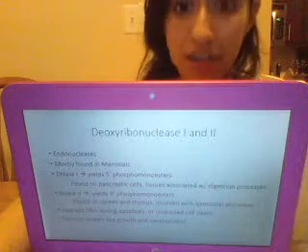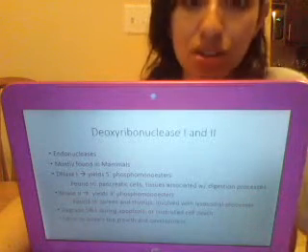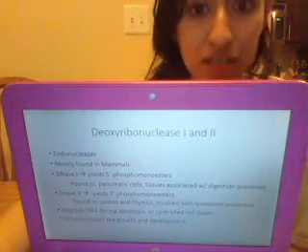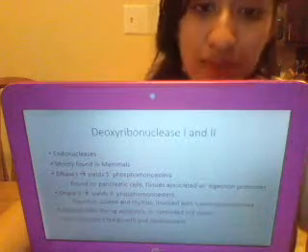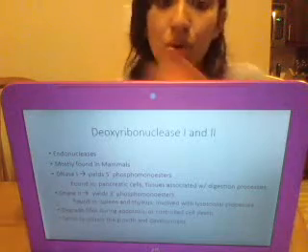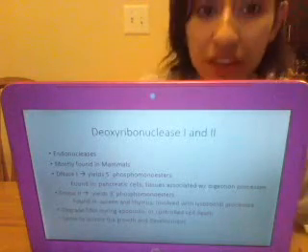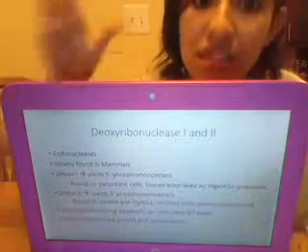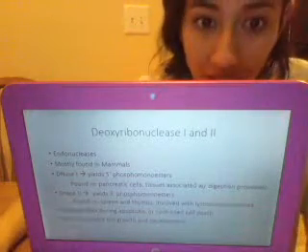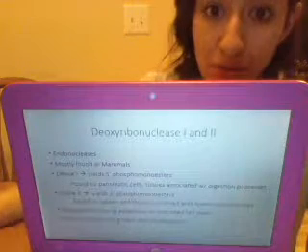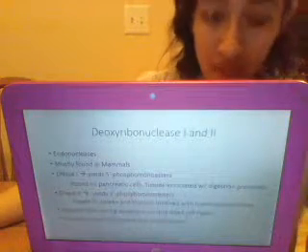To narrow down my research, I chose deoxyribonuclease 1 and 2, also known as DNase 1 and 2. And both of these are known as endonucleases because they cleave the DNA from within rather than from the ends of the DNA. And they're mostly found in mammals, but they are found throughout the animal kingdom.